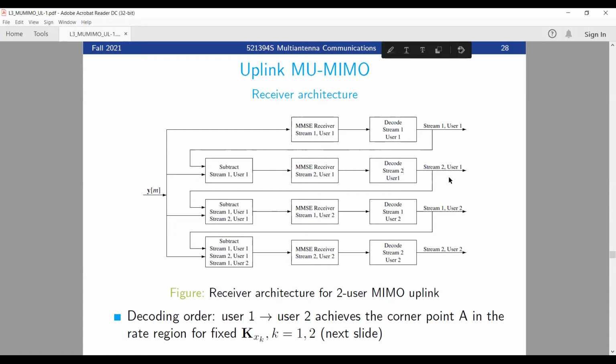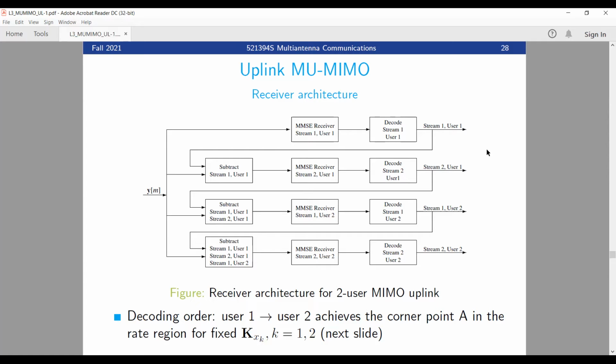The decoding order determines the rate per user, but it also determines the rate per stream. Now, if we have stream-specific processing, when we assign the rates per stream, we also have to assume a certain stream-specific decoding order.